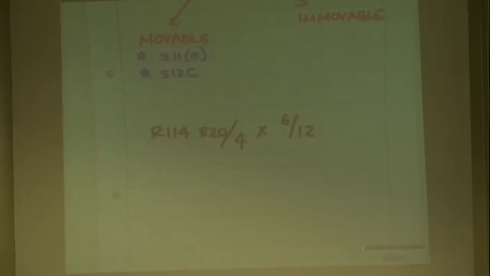If you work that out, that should give you an amount of 14,353 Rand. Okay, and that would be the allowance that we would claim on the asset. Is everyone comfortable with what I've done in terms of apportionment?